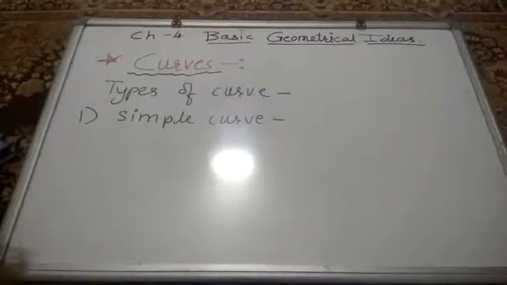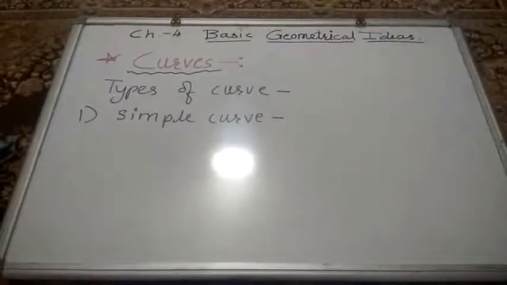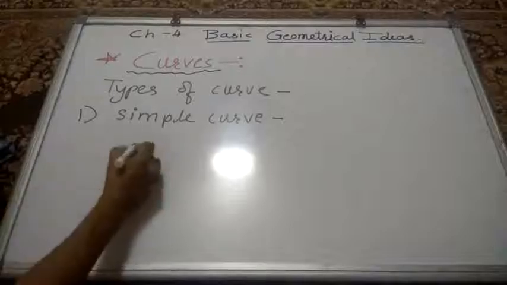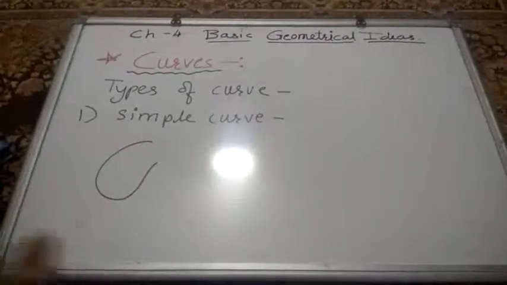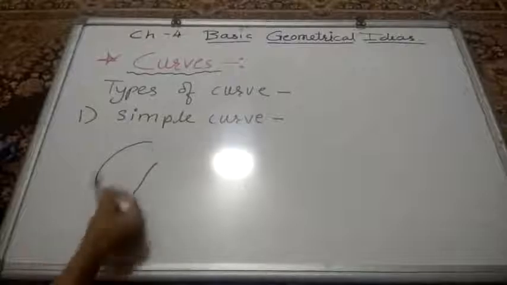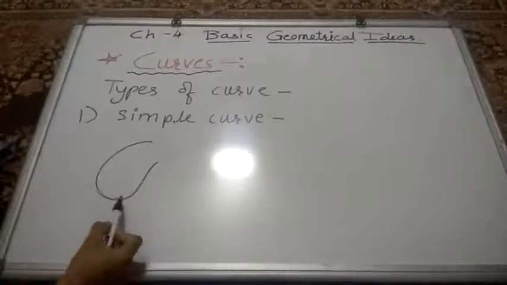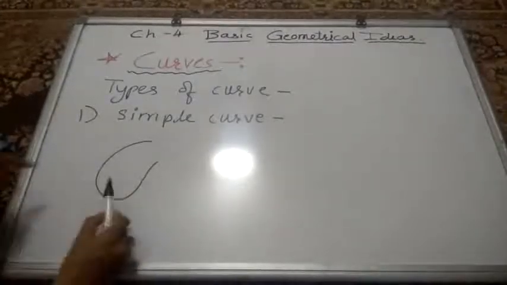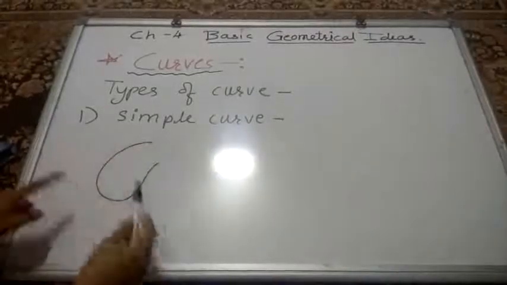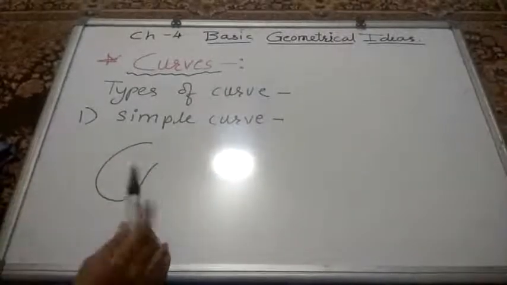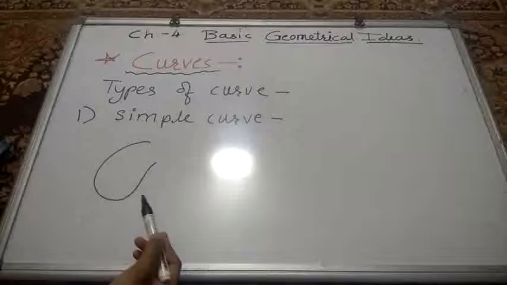For example, it is a curve, it is not a straight line, it is a curve. If a curve does not cross itself, then it is known as a simple curve. जो कर्व खुद को क्रॉस नहीं करता, they are known as simple curve.